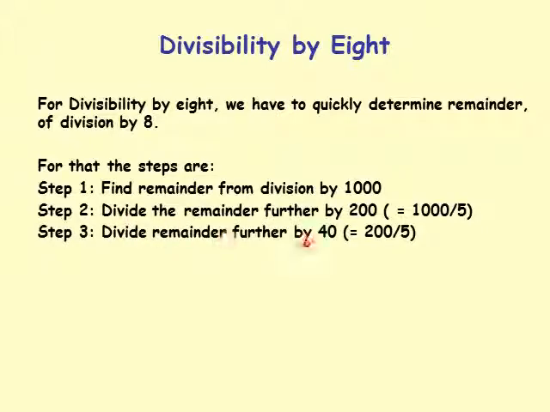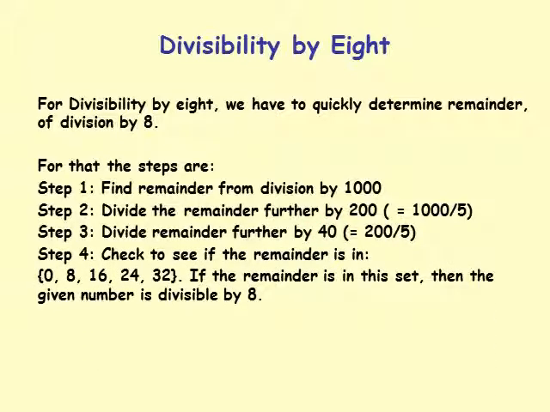Then divide the remainder further by 40, which is 200 divided by 5, and 40 is 5 times 8. Check to see if the remainder is in this list from the multiplication table: 0, 8, 16, 24, 32. If the remainder is in this set, then the given number is divisible by 8.